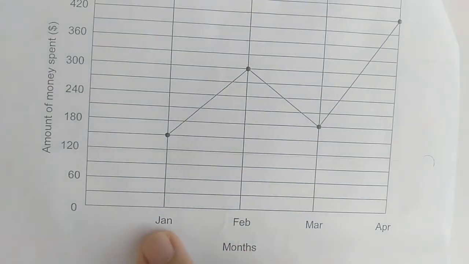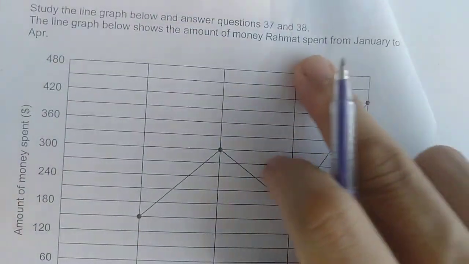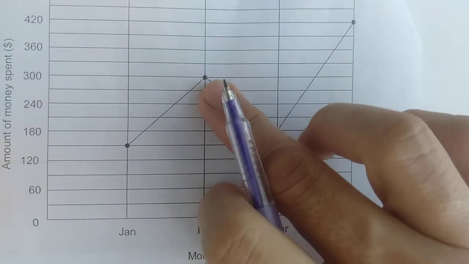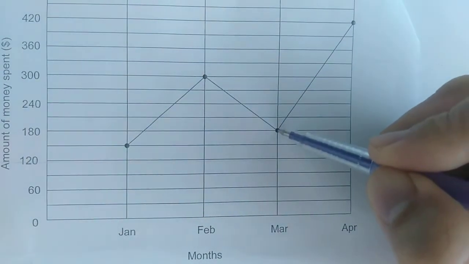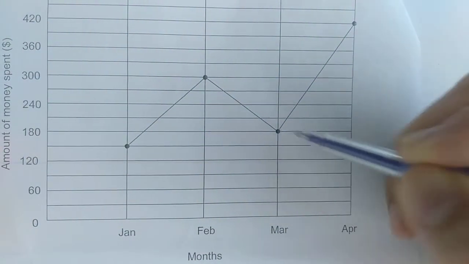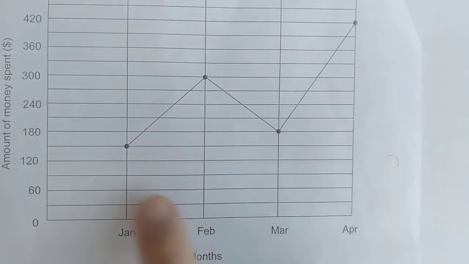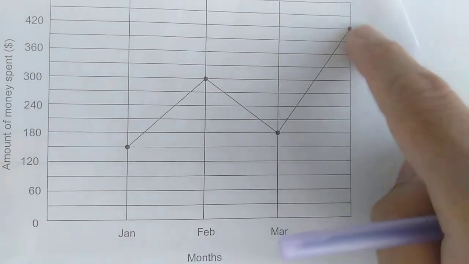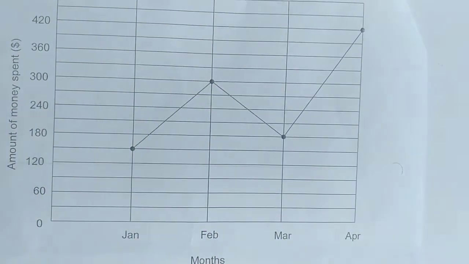In January, a certain number here shows the money that Ramat spent in January. This dot represents the amount of money Ramat spent in February. This dot represents the amount he spent in March, and this dot the amount he spent in April. So you can see that the lowest is here, the highest is here. But what do these dots represent in terms of numbers?